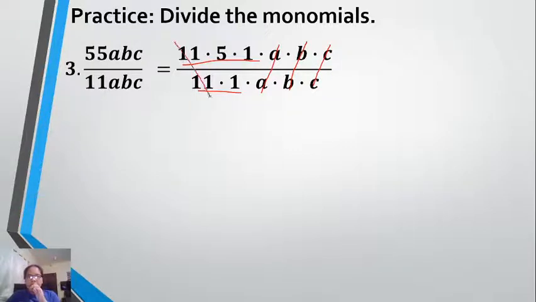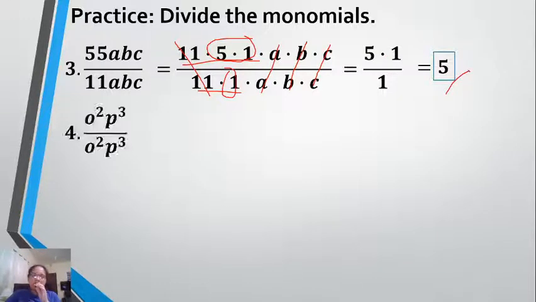And this is 1. And what remains in the numerator? 5 times 1, and in the denominator, that's 1. So 5 times 1 will give us 5, divided by 1 will give us 5. So that's the quotient. How about if we're given o squared p cubed divided by o squared p cubed?